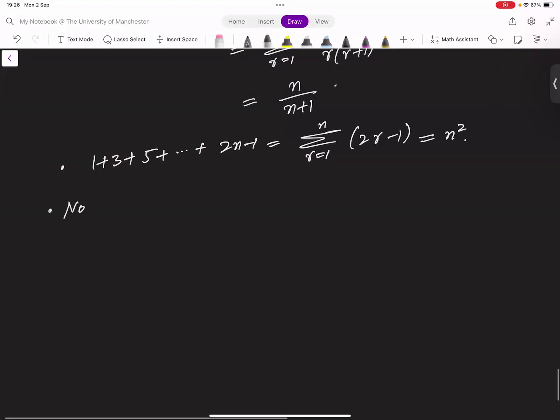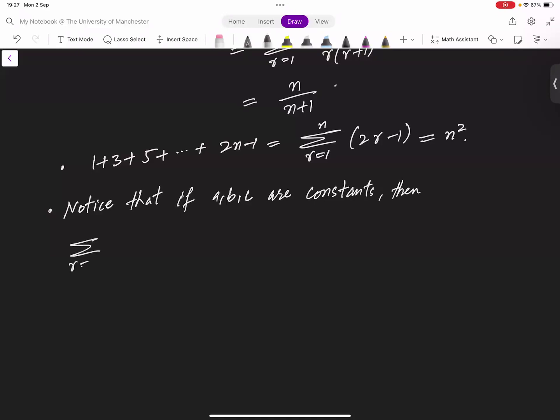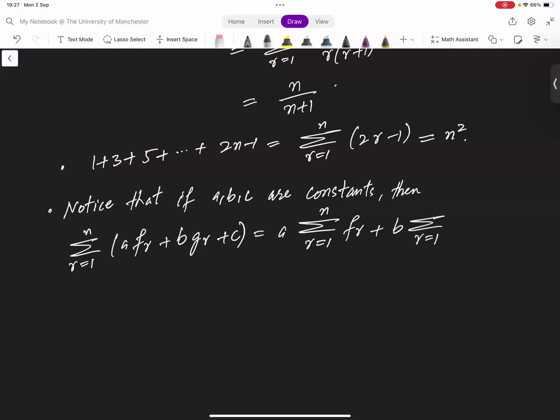Notice that if A, B, C are constants, then the sum for r from 1 to n of A f(r) plus B g(r) plus C means A times the sum of f(r) from 1 to n, plus B times the sum of g(r) from 1 to n, plus C into n.